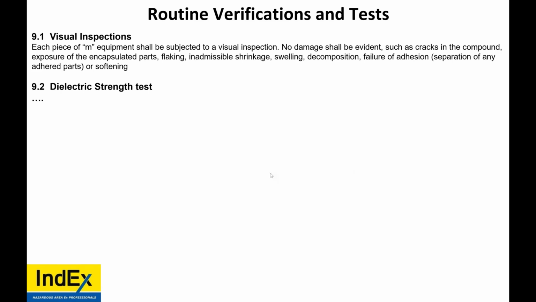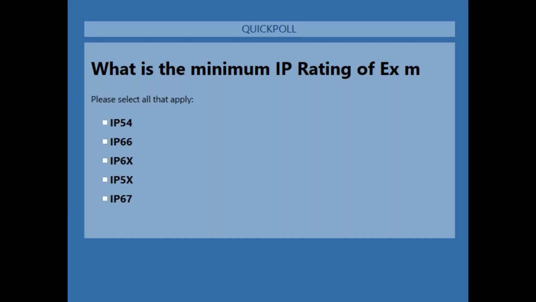So let's ask people, what is the minimum IP rating of EX m? There's multiple answers. Remember, EX m can be used for M, G, and D EPLs: underground mining, gases, vapors, and liquids, and dusts.